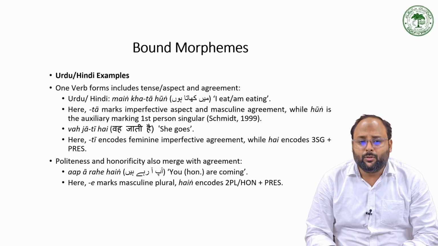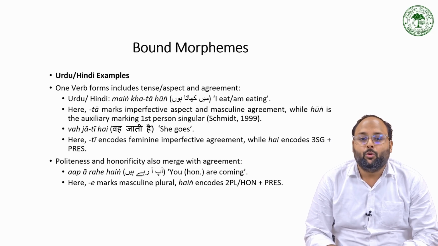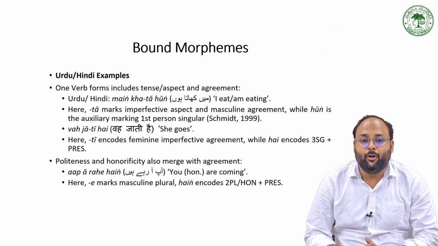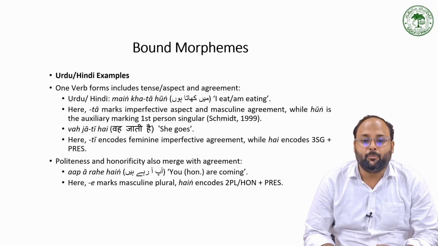We can also understand the portmanteau in terms of politeness and honorificity in the Urdu Hindi language. Because in Urdu Hindi, we use some marker or some suffixes or some pronoun to express honorificity. So honorificity has two types of features: one is the agreement and the other is the pronoun.